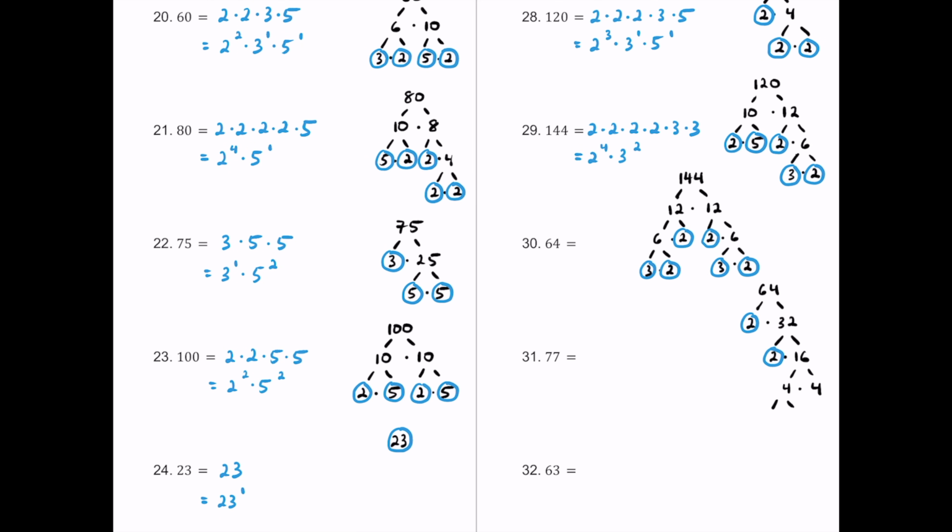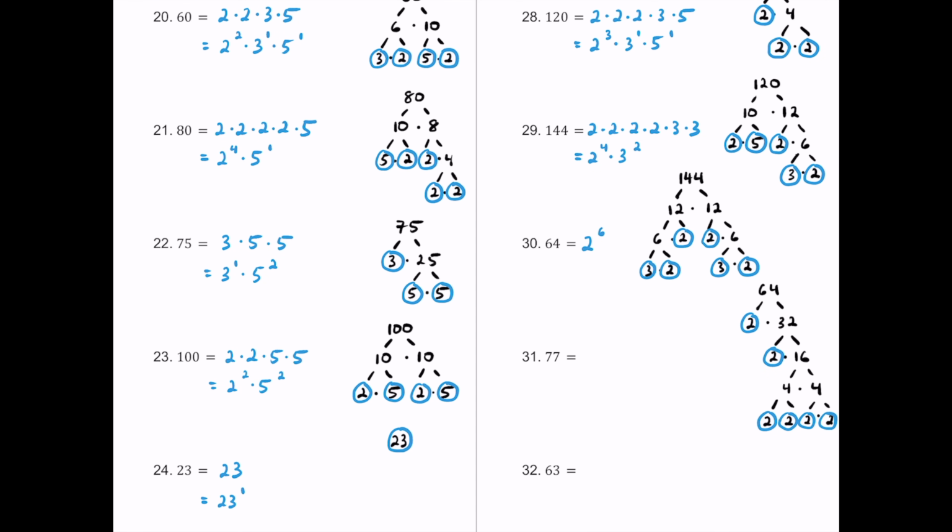And 4 can be broken down into 2 times 2, and this 4 can be broken down into 2 times 2. So we have a lot of 2s here. 1, 2, 3, 4, 5, 6. So I'm going to go ahead and just write this using exponents because I'm running out of space here. This is 2 to the 6th power. You could write 2 multiplied by itself 6 times as well.